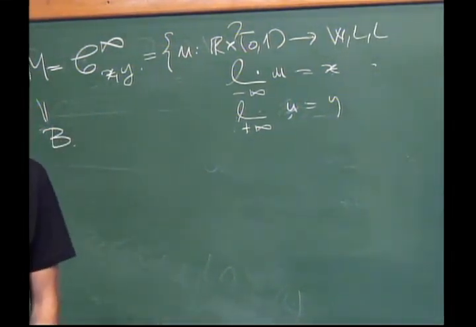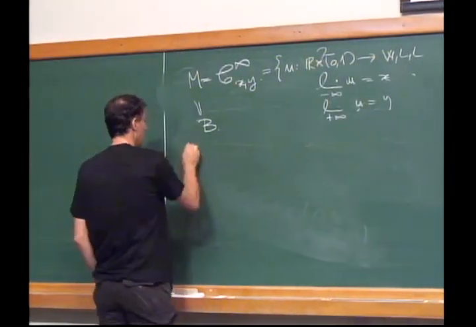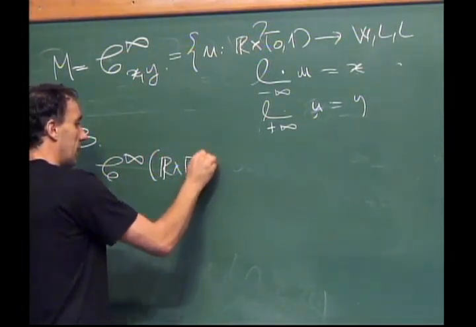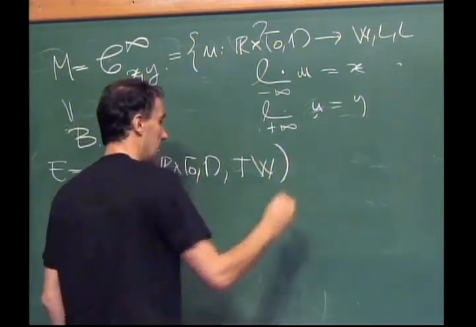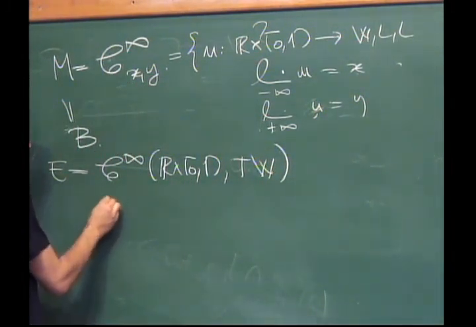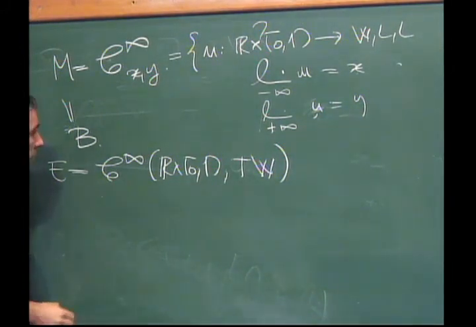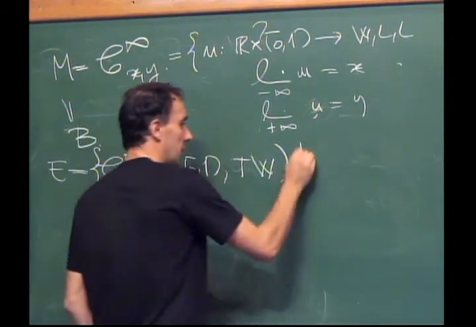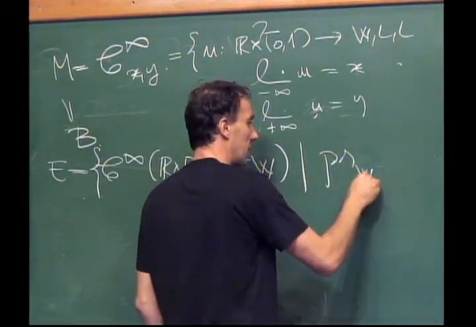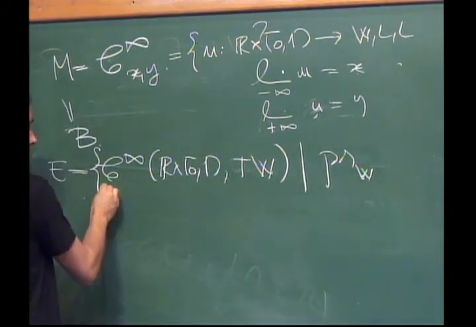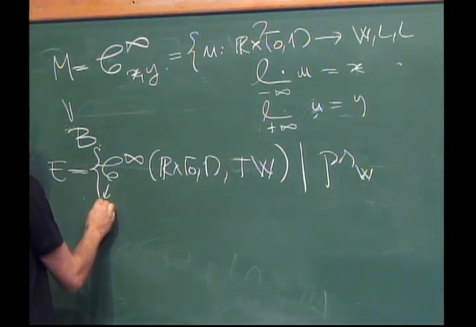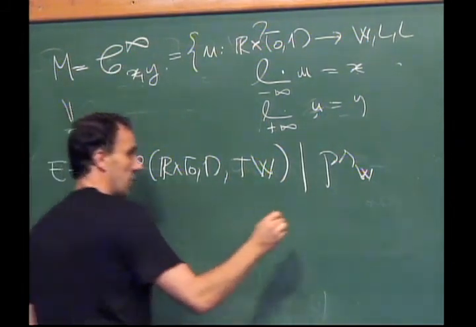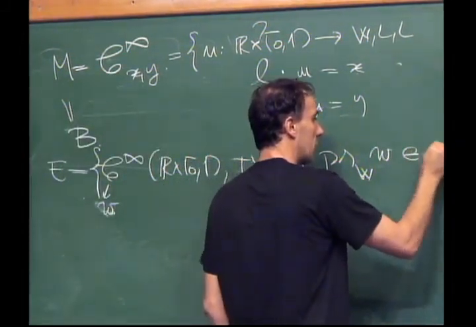Okay, and E will be C infinity of R times [0,1] into T W such that the projection on V of some element W like this belongs to this space.